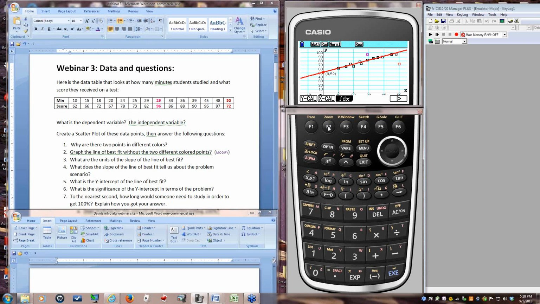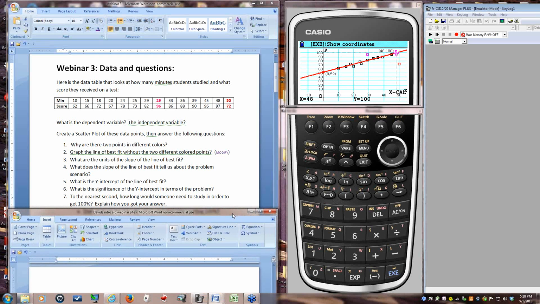It's untracing maybe, but it's calculating an X for a given Y. So I'm going to enter 100 and press execute, and it gives me 48 minutes. If I hit execute again, that labels that point. So how I got my answer was I used the GSolve.